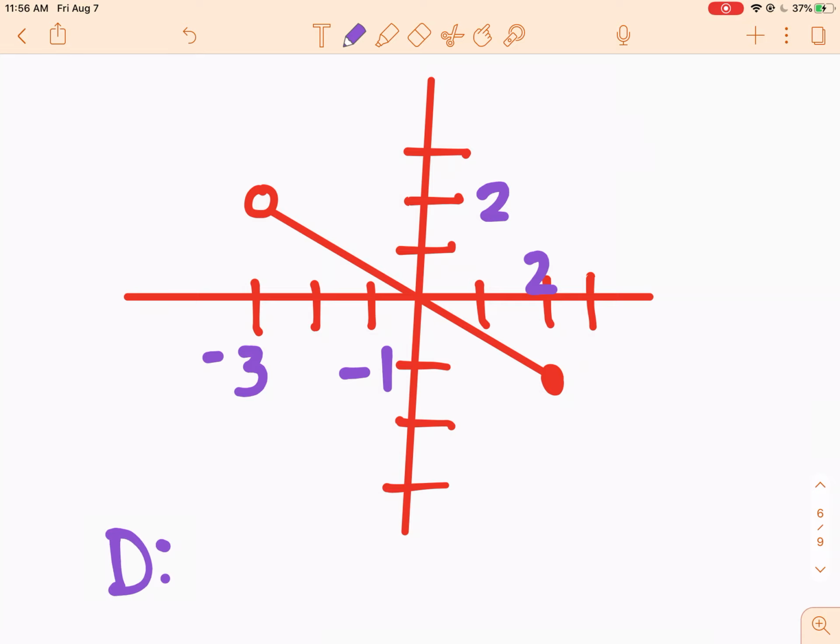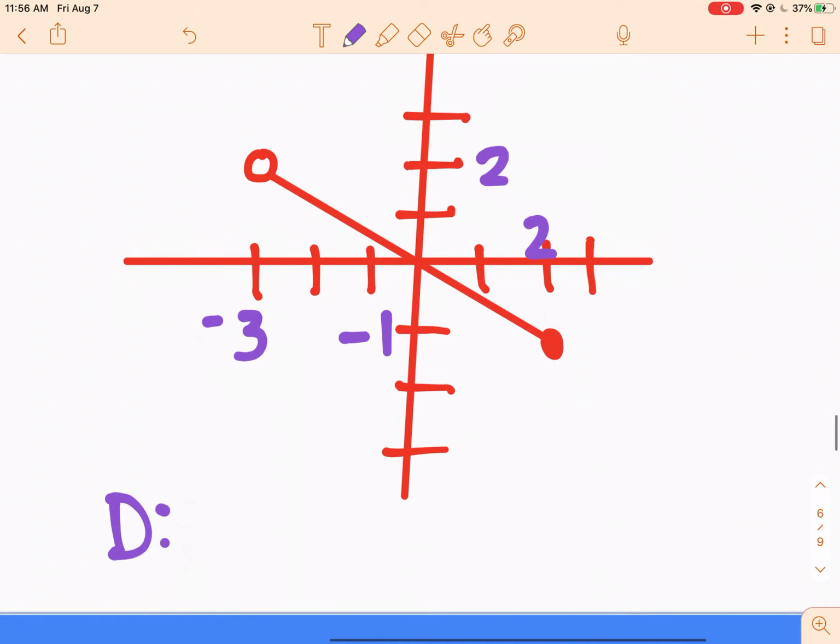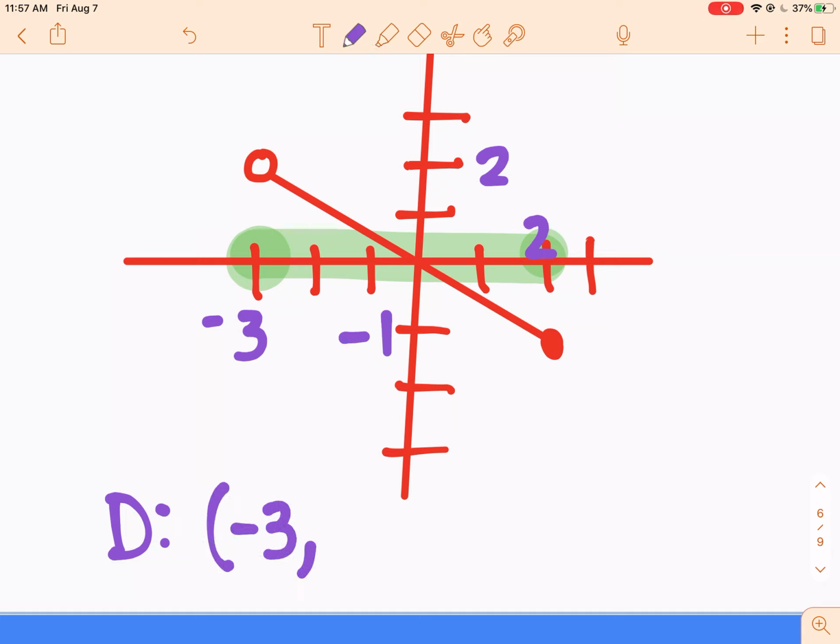Since my domain is the x values, my domain is going from -3, so I'm going to highlight that. My domain is going from -3 to +2. However, my domain has a soft bracket on -3 because of the open circle, and a hard bracket on +2 because of the closed circle.